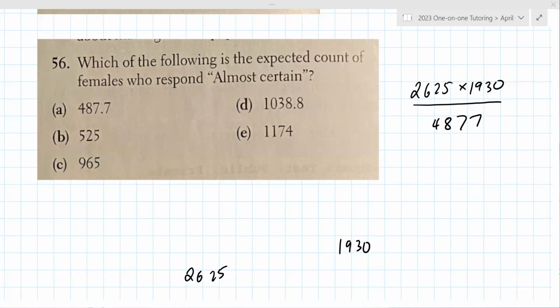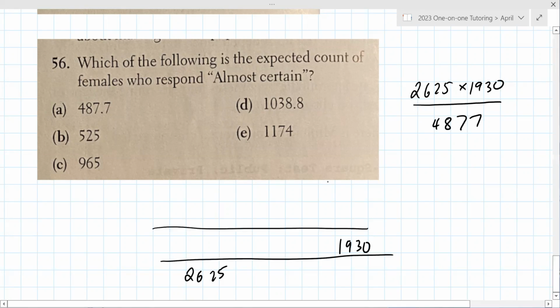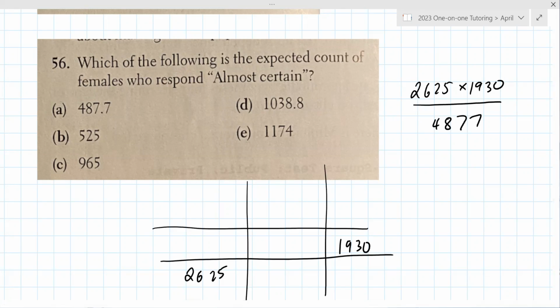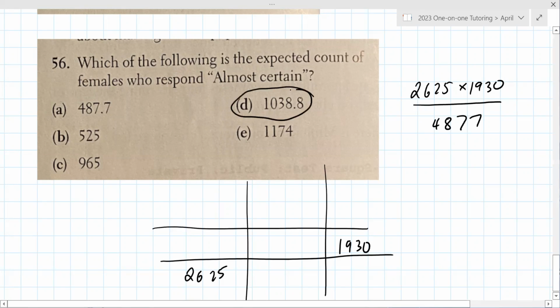So it's 2625 times 1930. Oh no, I'm jacking it up. Okay, I got 1038. Good. Good. Yeah.